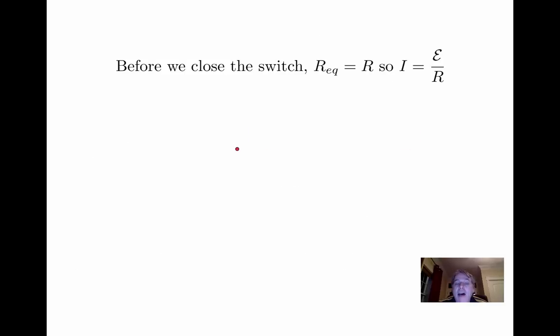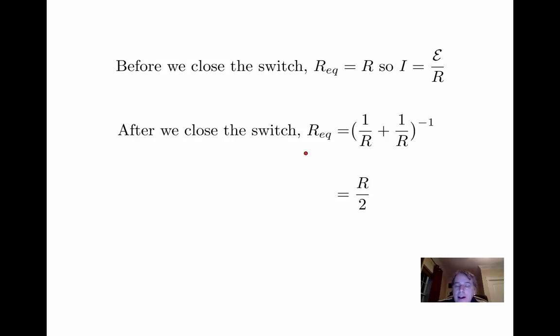Okay, after we close the switch, R equivalent now is given by (1/R + 1/R) to the minus 1, right? Because they're in parallel. So you calculate that, you get that R equivalent is R over 2. So notice we close the switch, we include the new resistance, which is the new light bulb, but this has the effect of reducing the R equivalent. Okay, this is subtle.